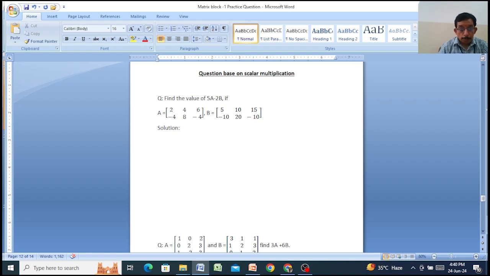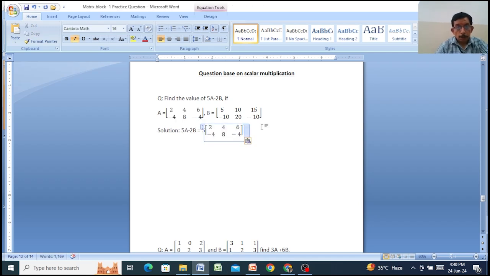First we note down: find the value of 5A minus 2B equal to 5, and note down the matrix A value, minus 2B, and note down the matrix B value.